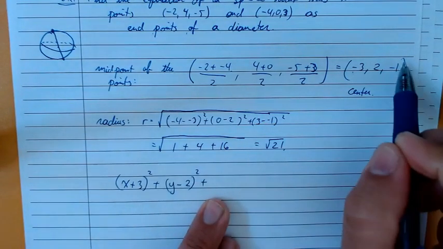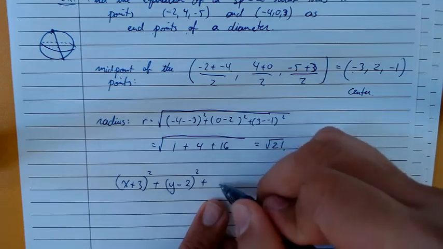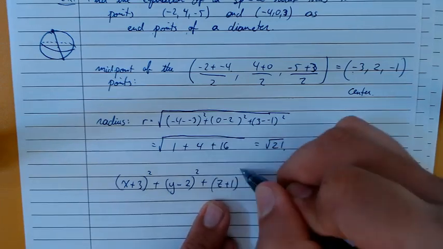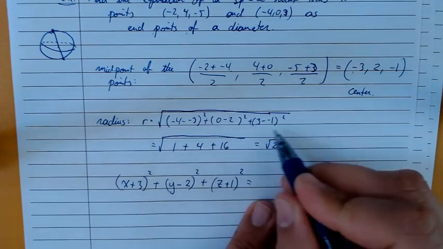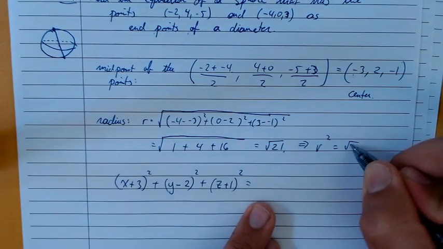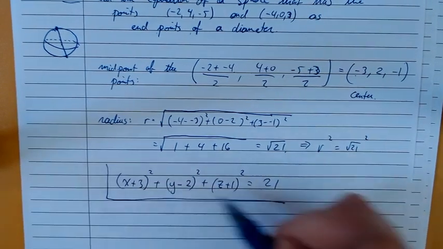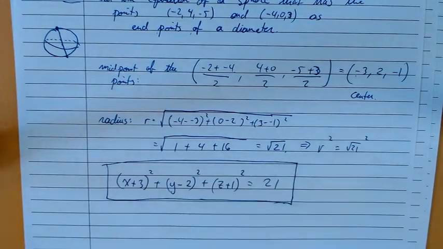Plus, we're going to take z minus our third component. Minus a minus makes that +1. And that's going to equal r squared. This is r, which means r squared must equal the root of 21 squared, which is just 21. So this gives us our equation of our circle in standard form.